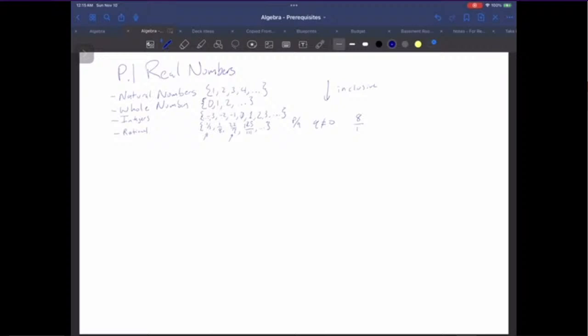So the rational numbers either repeat or terminate. So if I say 1/2, the reason I'm writing this here is so that I can remember to include that in the video. 1/2 can be written as 0.5, which is a terminating decimal.